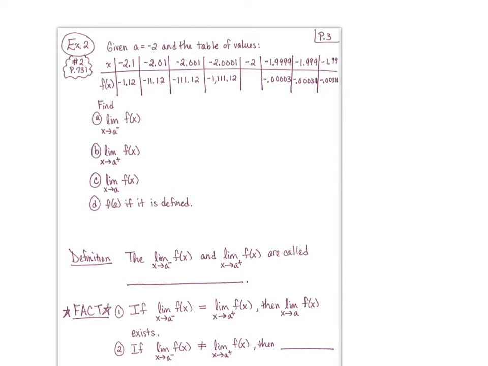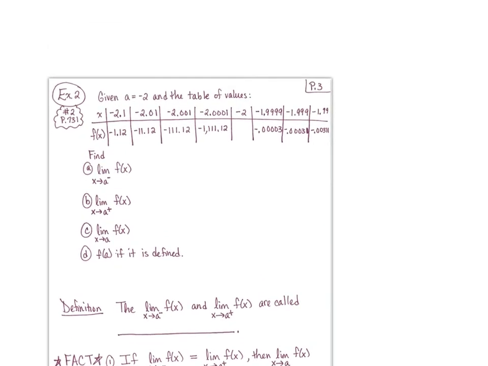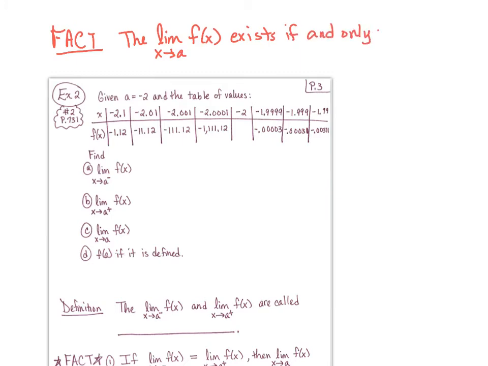So one thing to note here, I'm going to move this down. A fact: the limit of f of x as x approaches a exists if and only if the limit of f of x as x approaches a from the right is equal to the limit of f of x as x approaches a from the left.